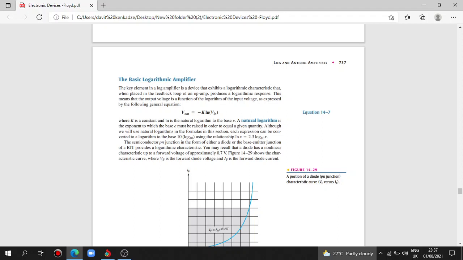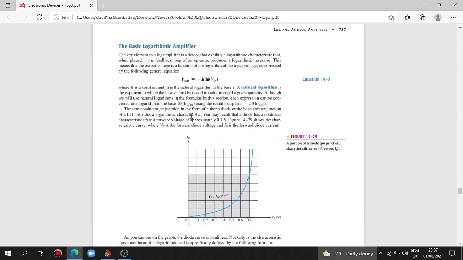The semiconductor P-N junction, in the form of either a diode or the base-emitter junction of a BJT, provides a logarithmic characteristic. You may recall that a diode has a nonlinear characteristic up to a forward voltage of approximately 0.7 volt, where the diode is open.